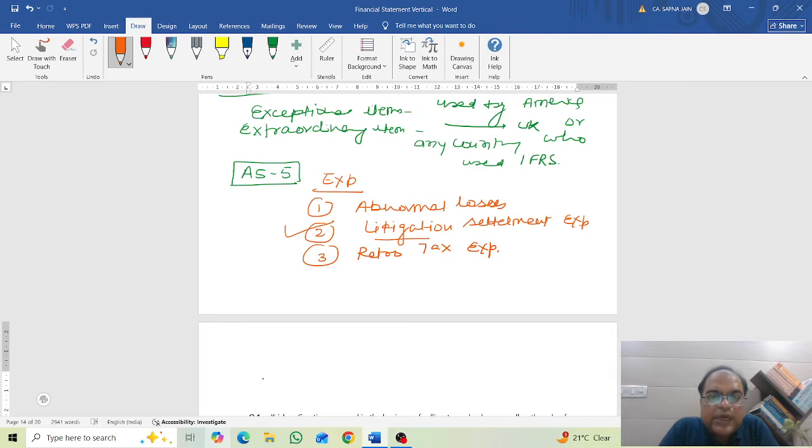Next is the retro tax expenses. If the government charges any tax which gives you some financial effect, this is called retro tax expenses.